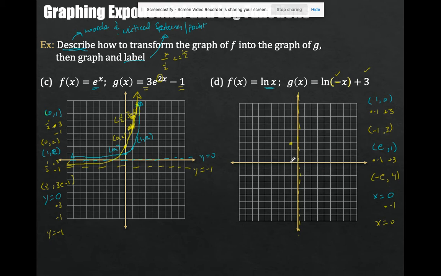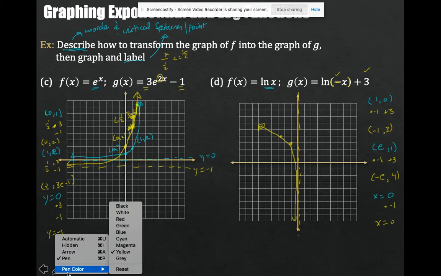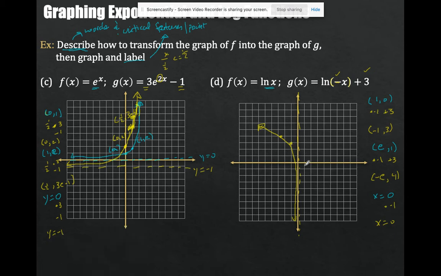Can't count, can I? 1, 2.7-ish, and 4. Oh, I didn't graph the original. Again, you don't have to graph the original unless I ask. And I did just ask you to, in this question, to just graph and label G.